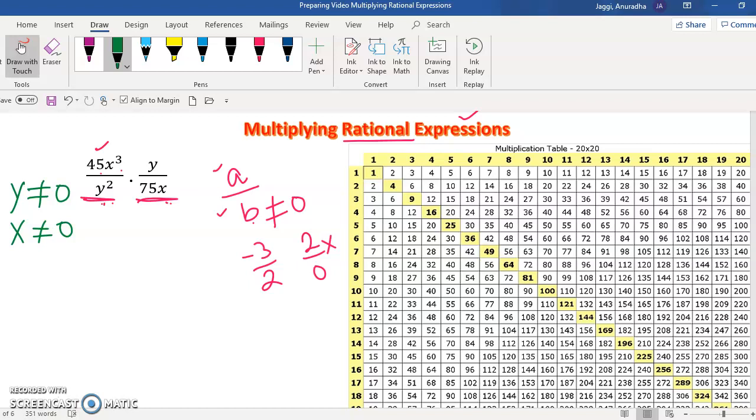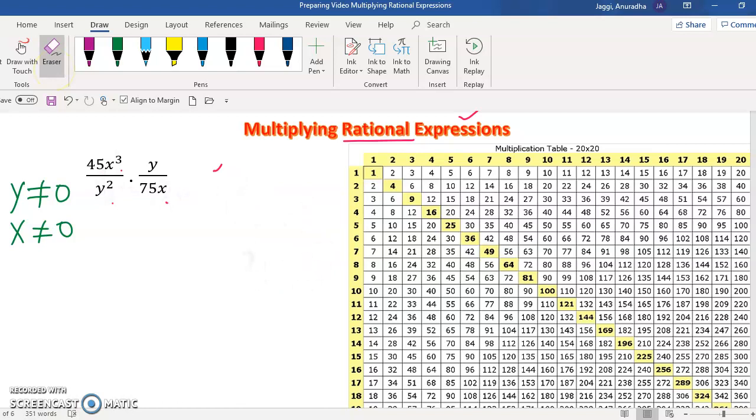Okay, so let's now talk about the steps for multiplication. First step is look at every numerator and every denominator. There are two rational expressions here, so look at all of them and see if you can write each as a product of factors.